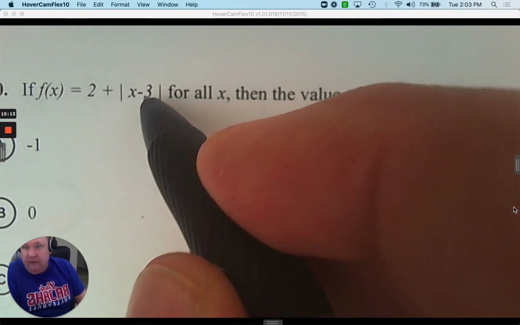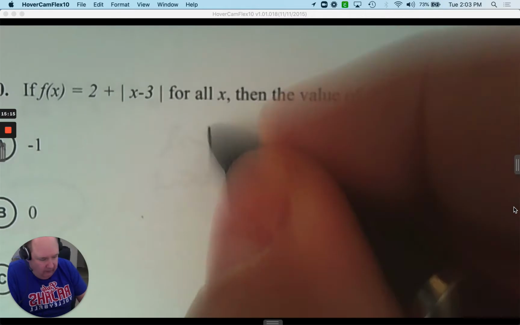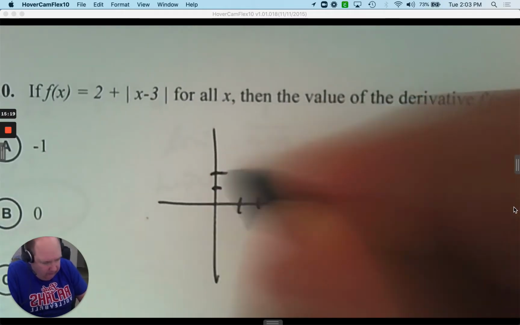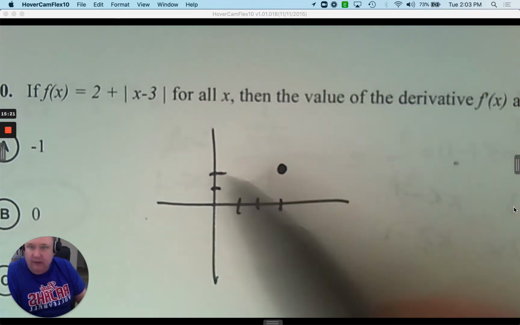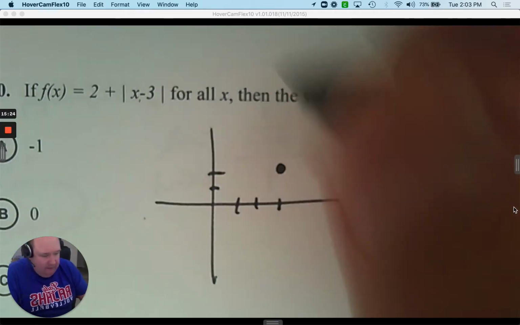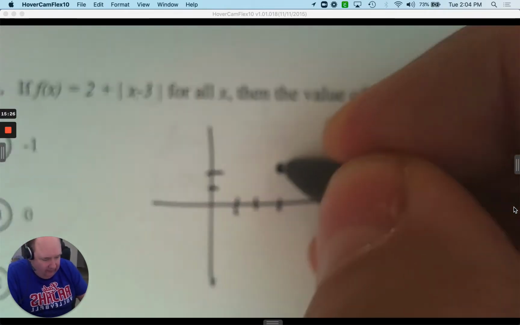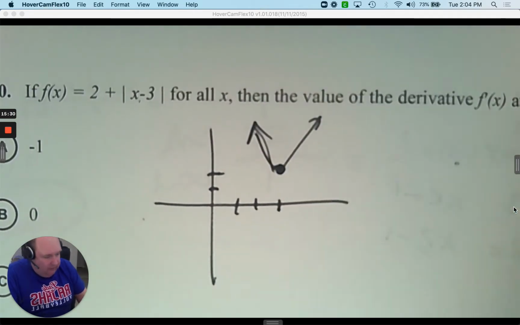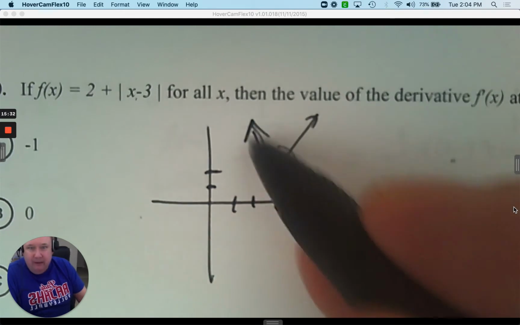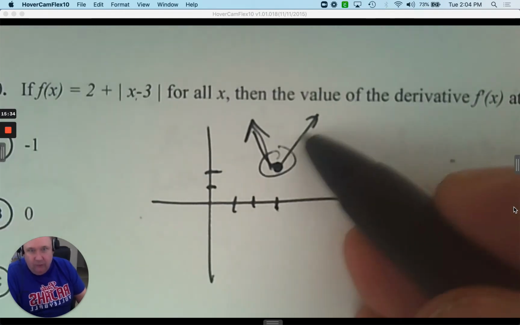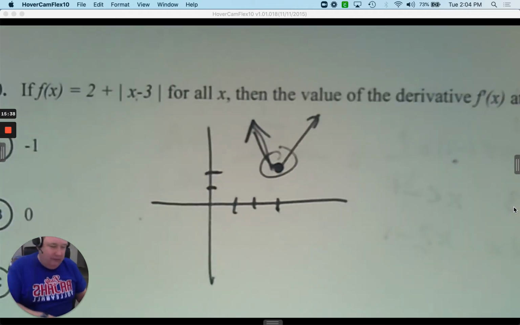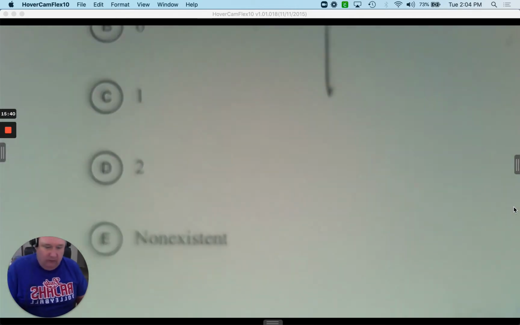Think of this as h, k, where if I go to positive 3 and positive 2, the slope is 1. This is what it looks like. The derivative when x equals 3 does not exist, because at the sharp corner the right and the left don't agree on the slope.